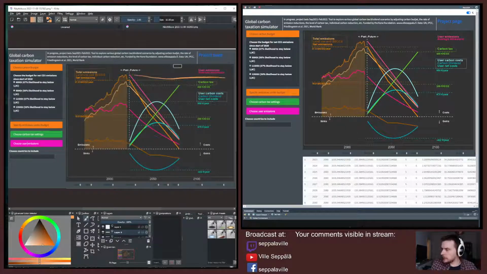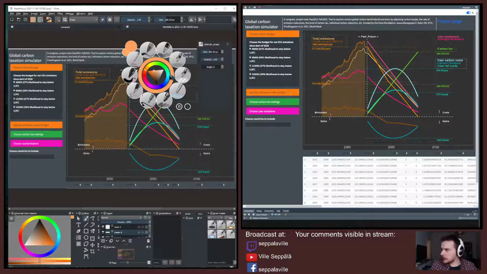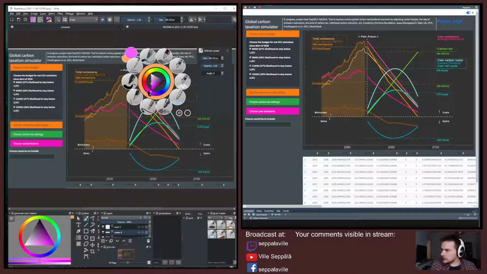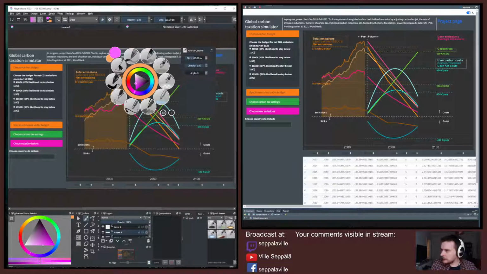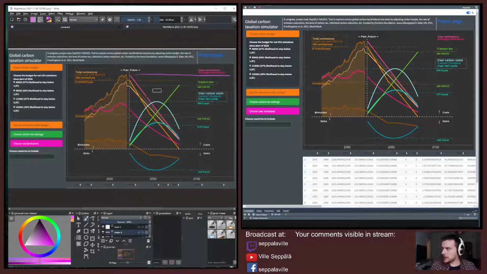Here we have the maximum level for the user emissions and average emissions, and here the maximum level for the carbon tax, here for the carbon costs, and so on. It might not be obvious that these are the maximum levels, and it might be hard for people to make the connection that these numbers correspond to these maximum levels.